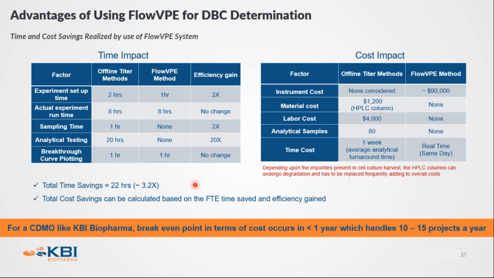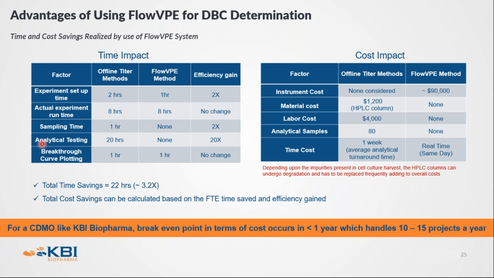Since we are collecting the flow-through fractions, we have to literally unscrew each tube and put it in the fraction collector. It just adds on to the time. The actual experiment time is the same, but due to the sampling, there is added time in the traditional methods.